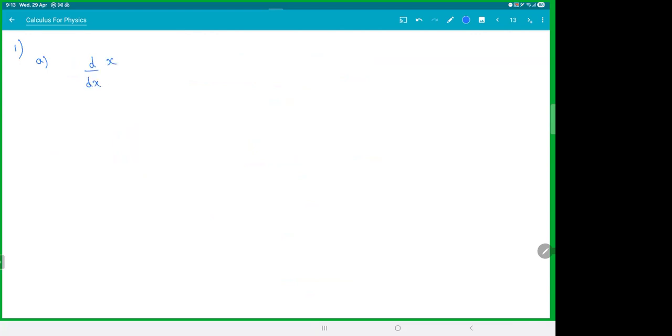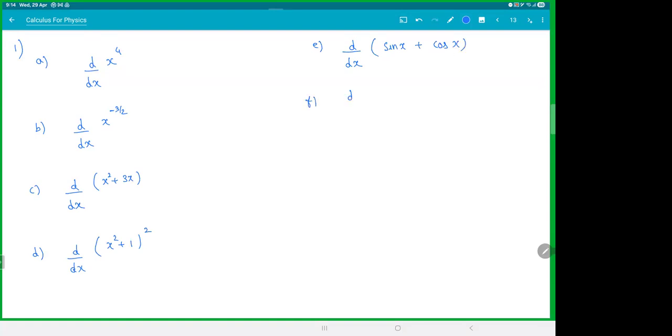You can just finish it off. Let's say: d by dx of x power 4. d by dx of x power minus 3 by 2. d by dx of x square plus 3x. d by dx of x square plus 1 ka whole square. d by dx of sin x plus cos x. d by dx of sin square x.